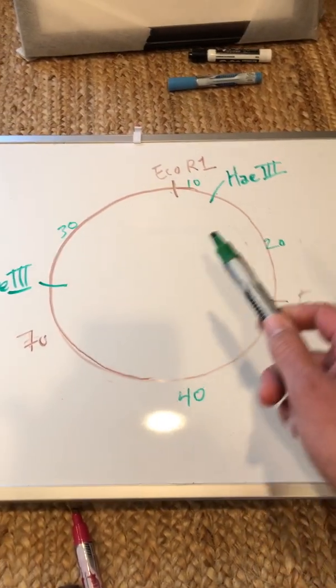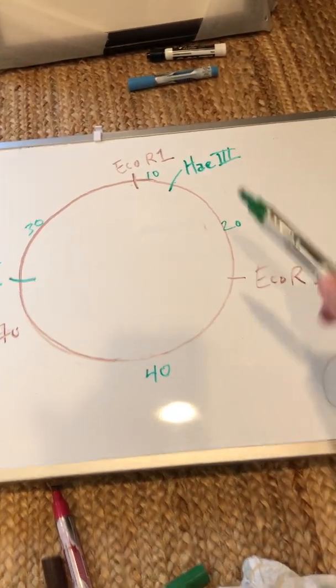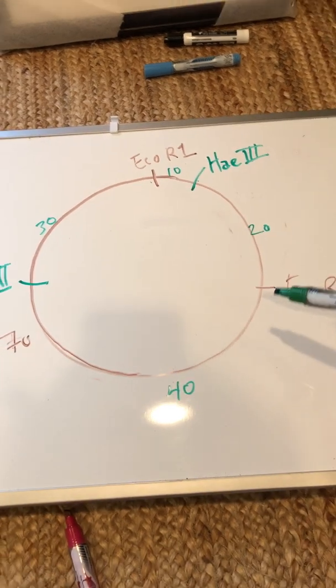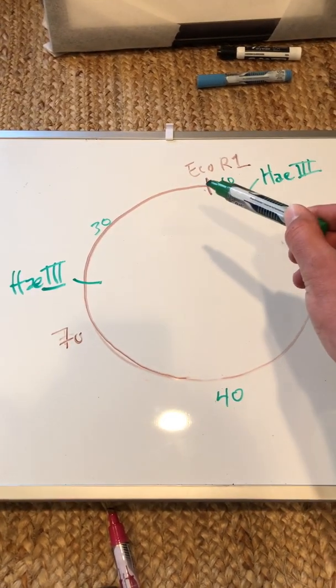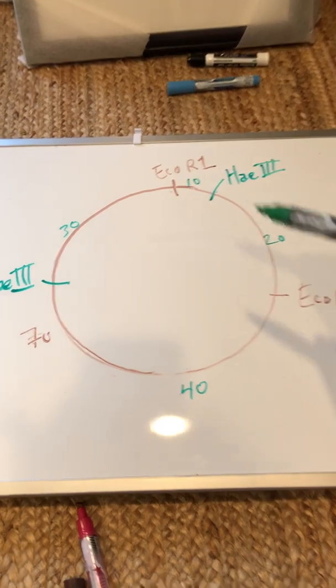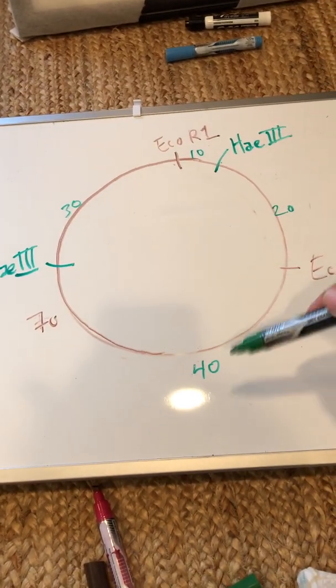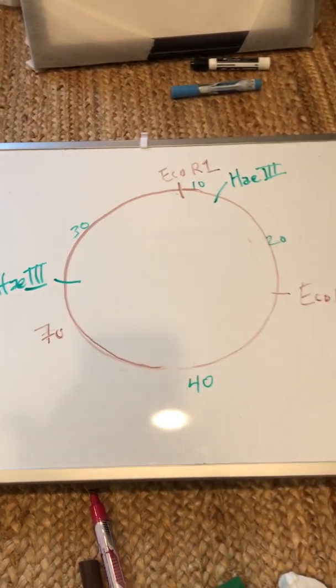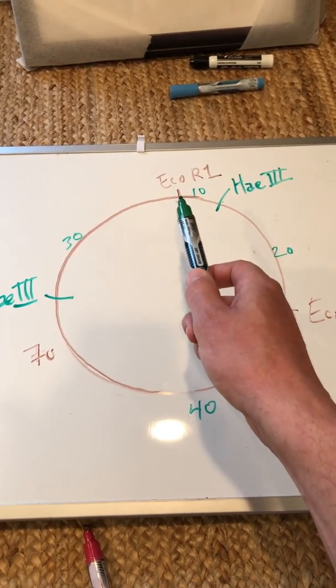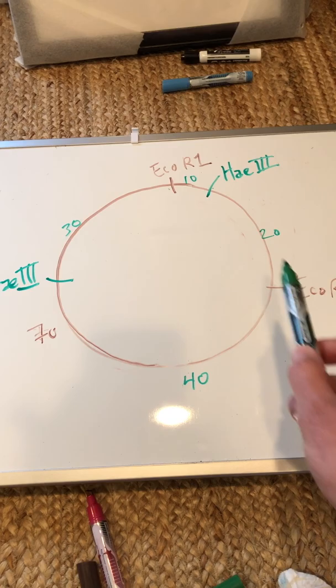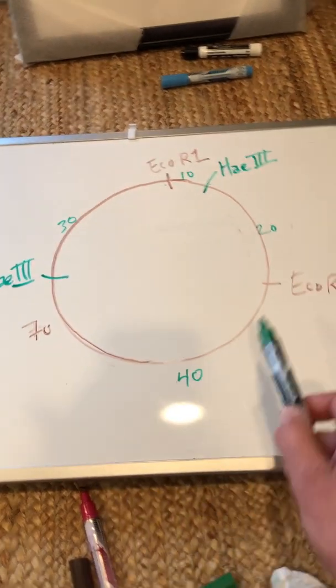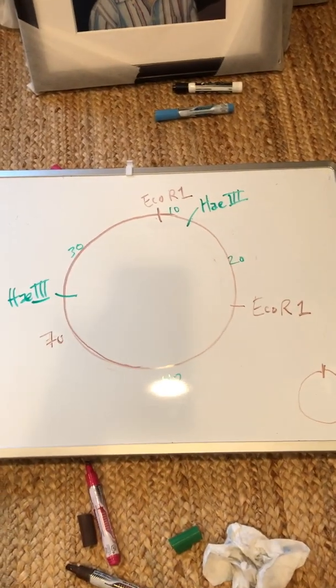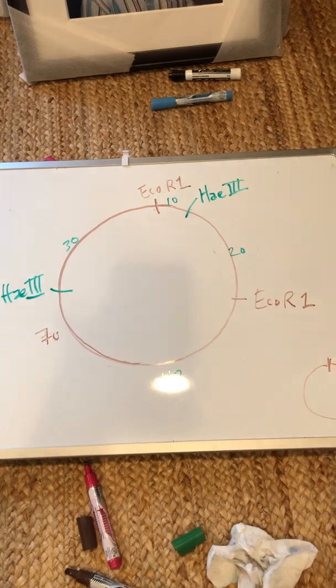So do I have my EcoR1 set? 30, 70. Do I have my HindIII set? 20 plus 40, 60 and 40. And do I have the double digest set? It's going to produce a 10 piece, a 20 piece, a 30 piece, and a 40 piece. Boom. This is the answer to that question, right?